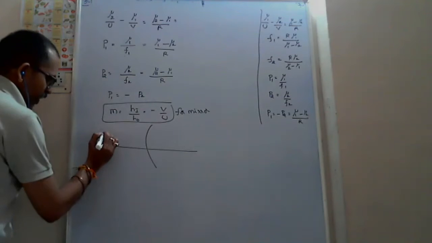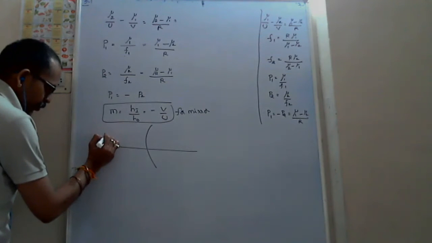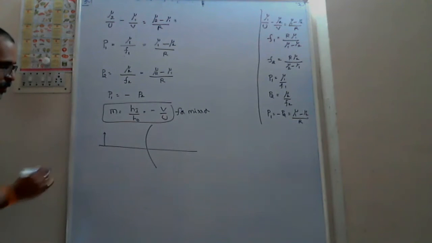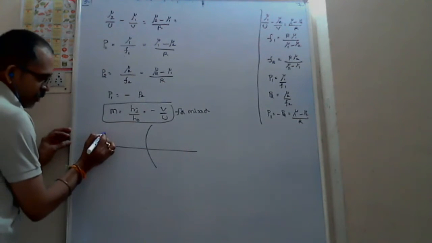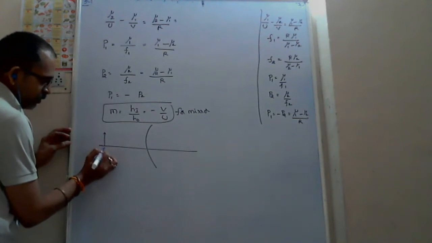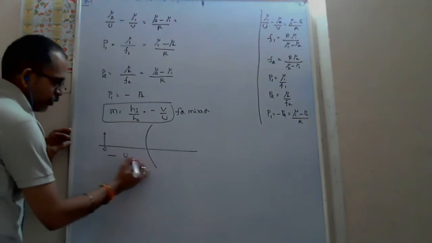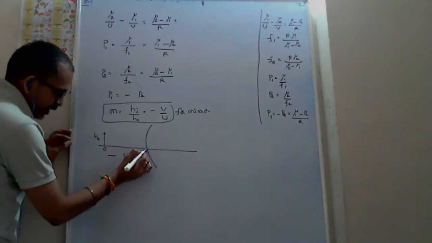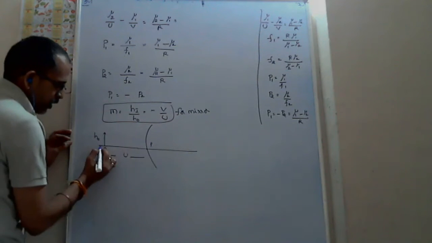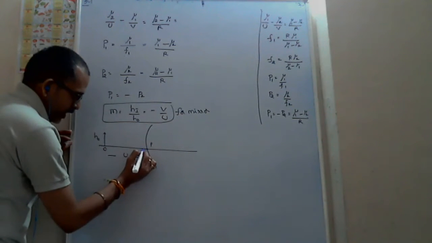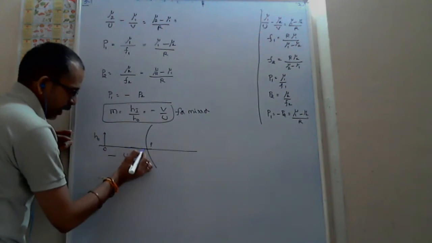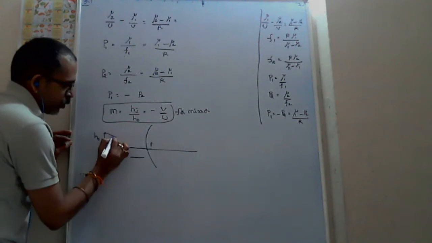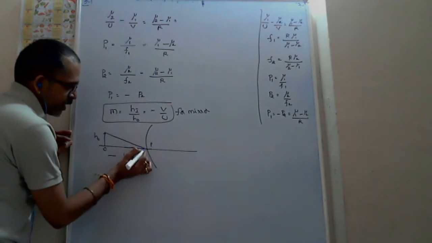If you see here, for magnification I have to take some heights also. Suppose one object is taken at a distance of u. The height of the object is HO, and this is the pole, and at the pole the normal is drawn perpendicular to the surface, and suppose the light ray is incident at the pole.